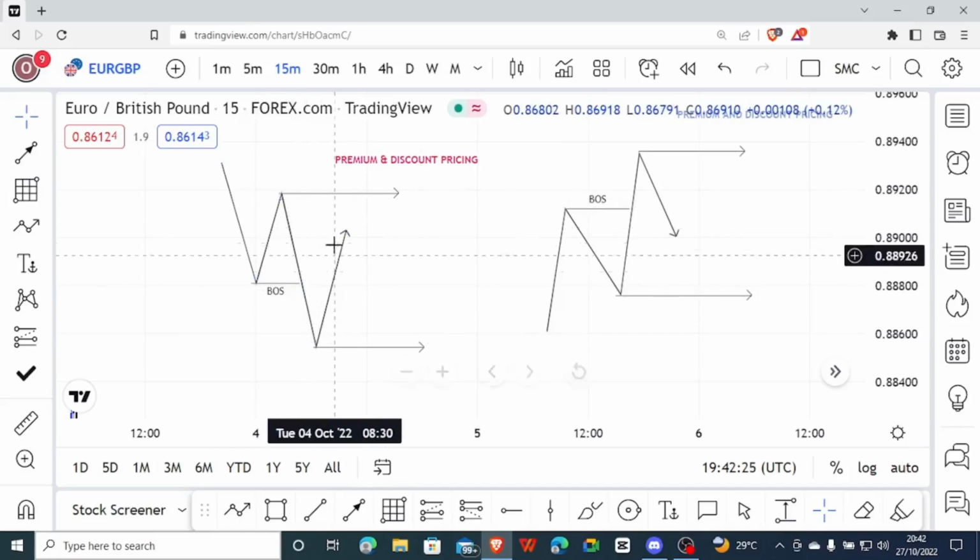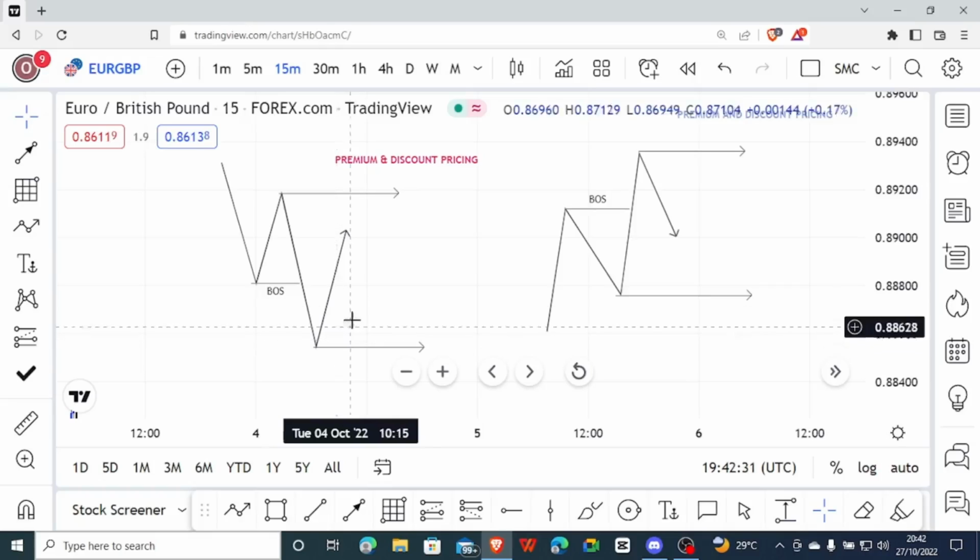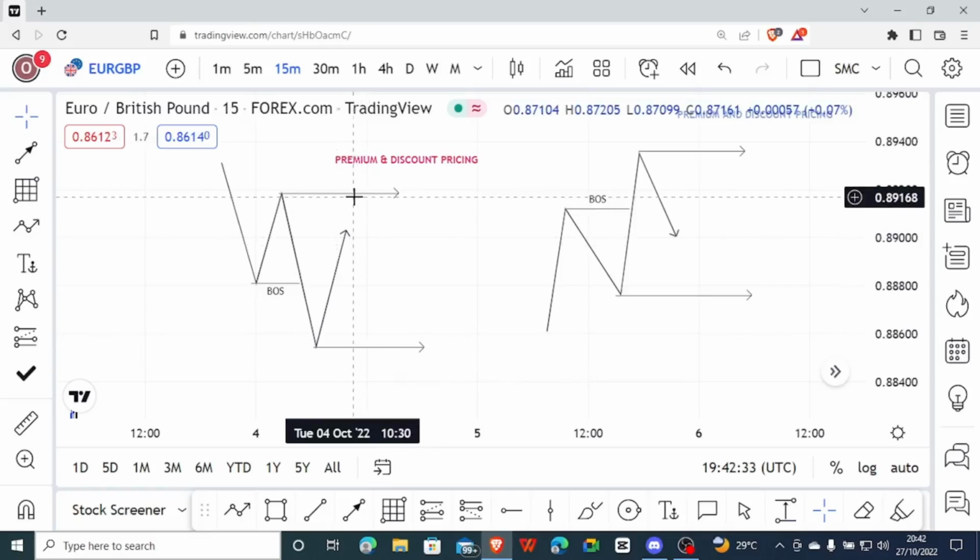All right, this is your high, this is your low. Now your trading range, like I said in our previous video, is in between your swing high and your swing low. That's your trading range.